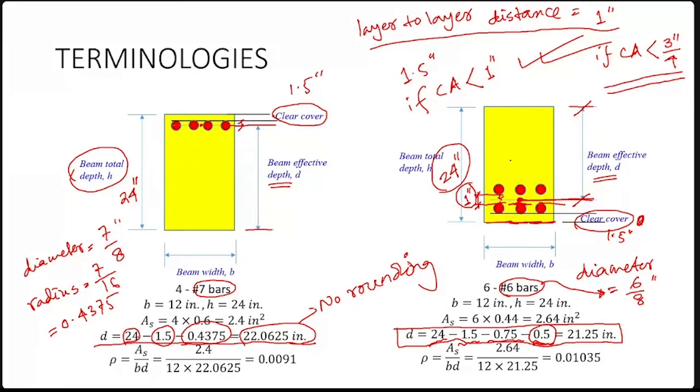But in the second problem, we have 2 layers of bars, and the centroid is located between the 2 layers. Yes, sir, got it. At first, you need to locate the centroid of the bars.